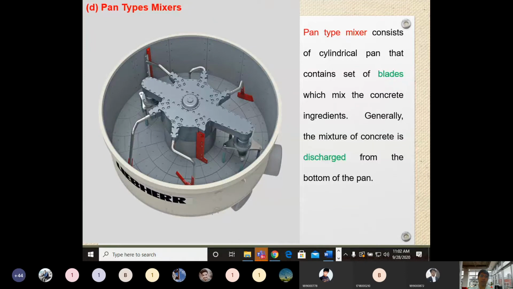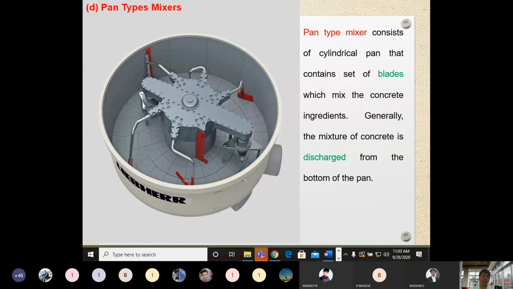For example, you can construct a G+3 building in 8 to 10 days. In the first lecture we have seen the advanced modern concrete constructions with the help of pre-stress and pre-cast.